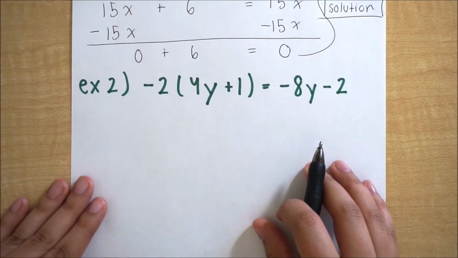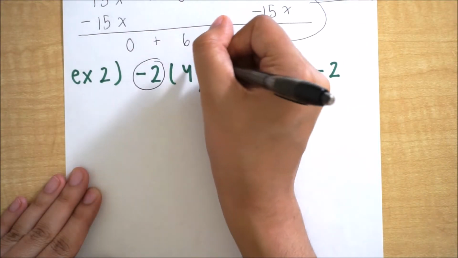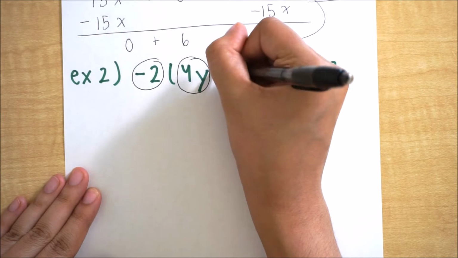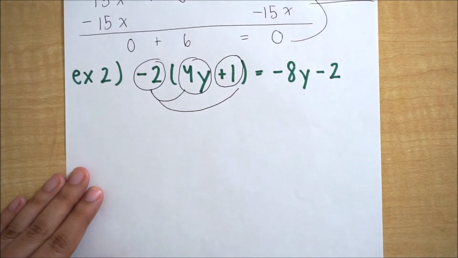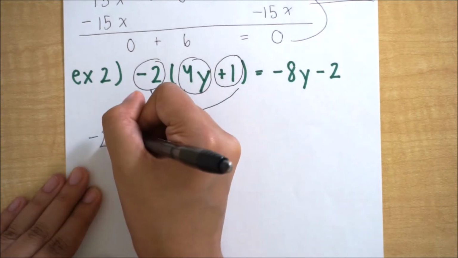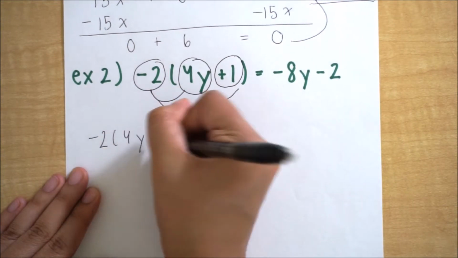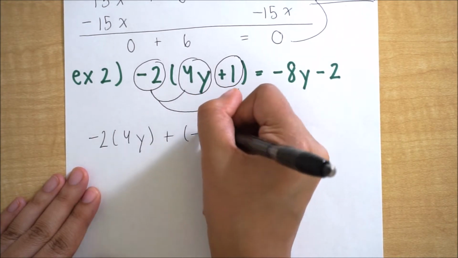All right, let's look at example 2 and see what we end up with here. So I'm going to create my little bubbles. So I have a -2 bubble, a 4y bubble, and a +1 bubble. And we're going to distribute the -2 to both those factors. So we're going to get -2 times 4y plus -2 times +1.